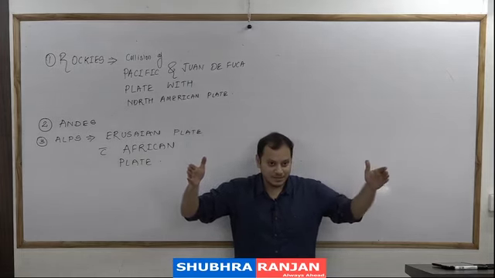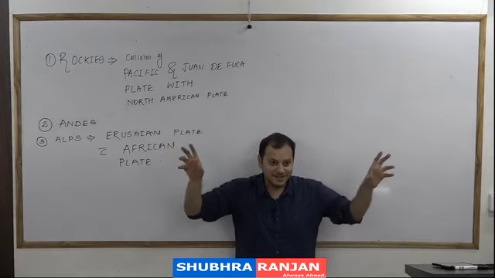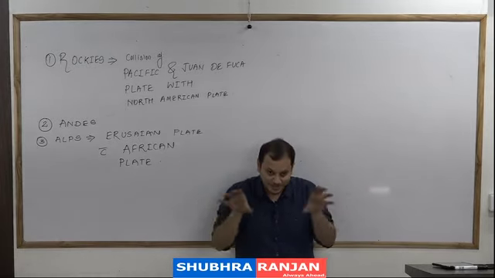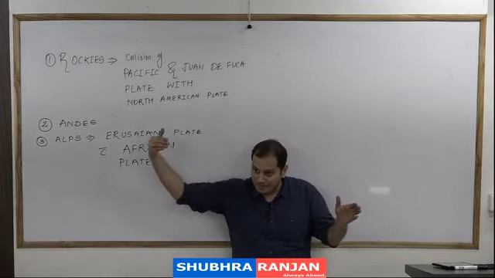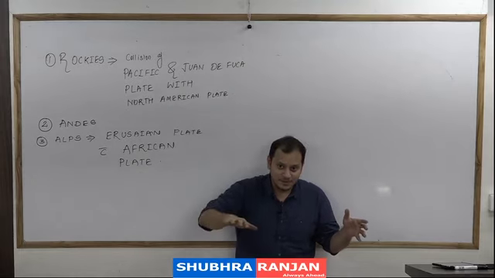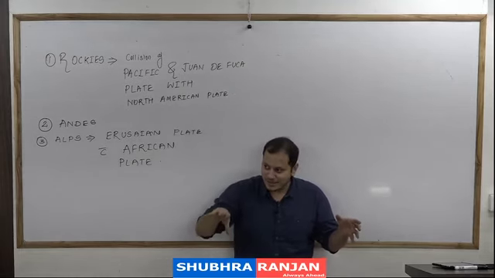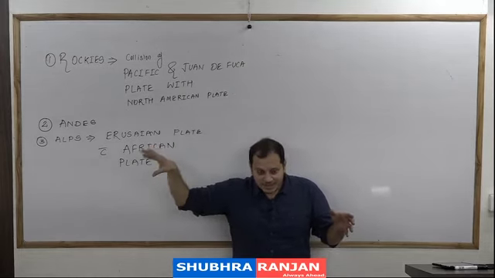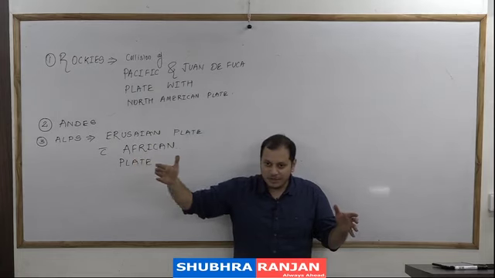Now consider you are in the center of the Pacific; its eastern side will be the western part of the world, that is North and South America. So the eastern part of the Pacific is being pushed by North and South America.